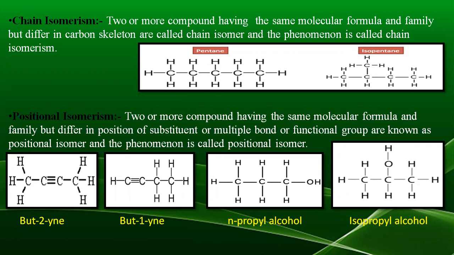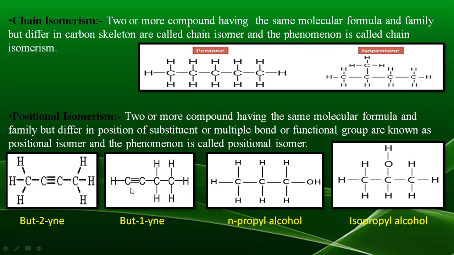But the position of the functional group, double bond or triple bond is different between the two compounds. Just like my first example, but-2-yne and but-1-yne.